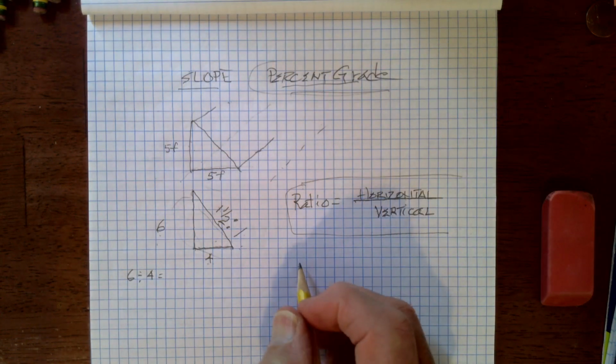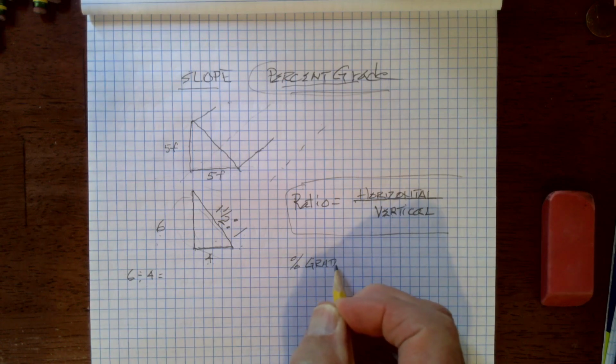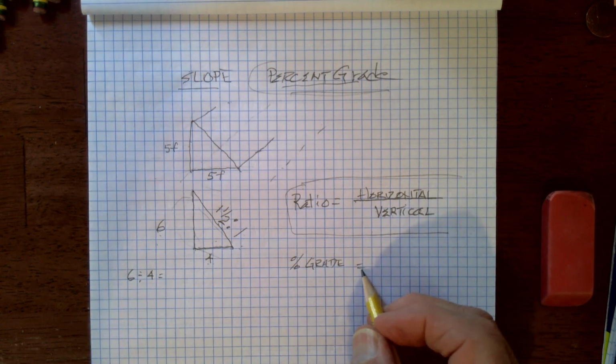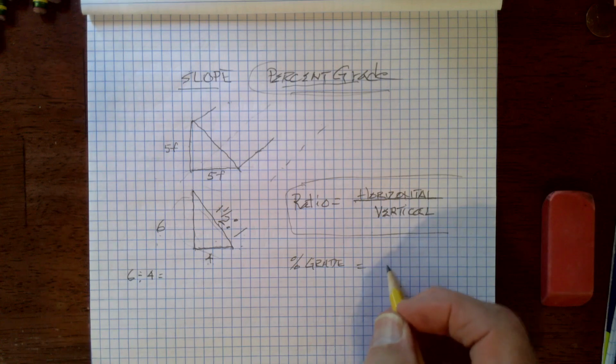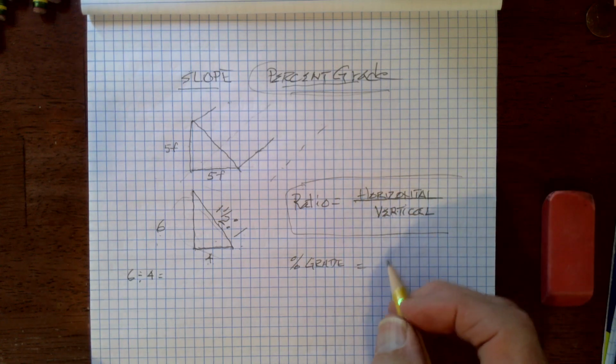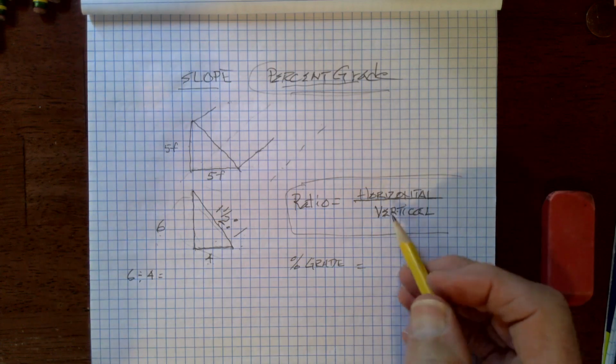Now, percent grade has a formula also. It's the invert of ratio. That would mean, the invert means turn something upside down.